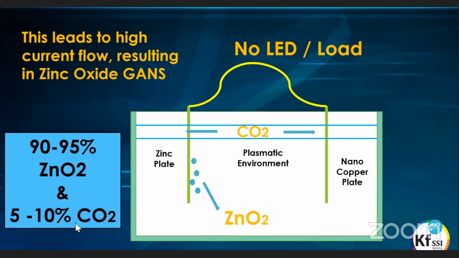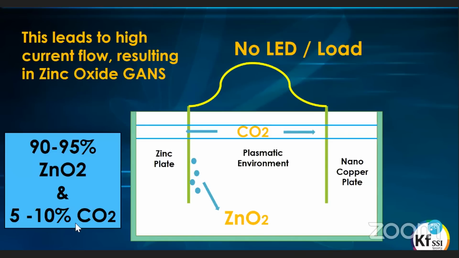But this one's very important to understand, because we have seen a lot of people out there that are creating and showing that they're creating huge amounts of what they would view as CO2 GANS. But when you look at their setup, they don't have any load across there, or they've put batteries between the two plates.